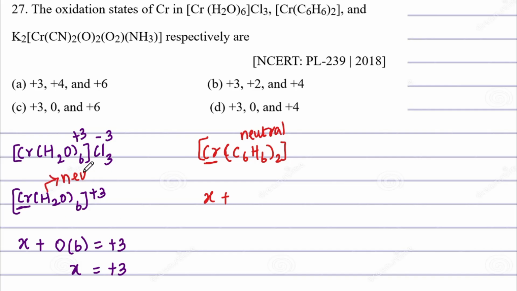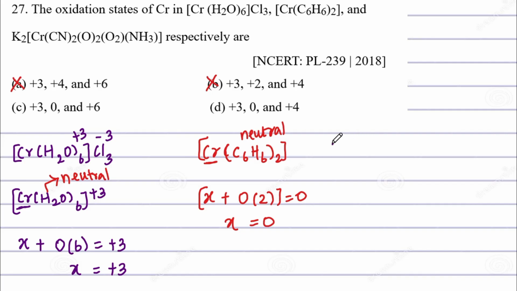So the charge is 0 into 2 and the overall charge is also 0. So the value of X is also 0. So you can eliminate option A and option B, because for the second compound, 0 is not mentioned. Only for C and D, 0 is mentioned. So we are going to check between the options C and D only.